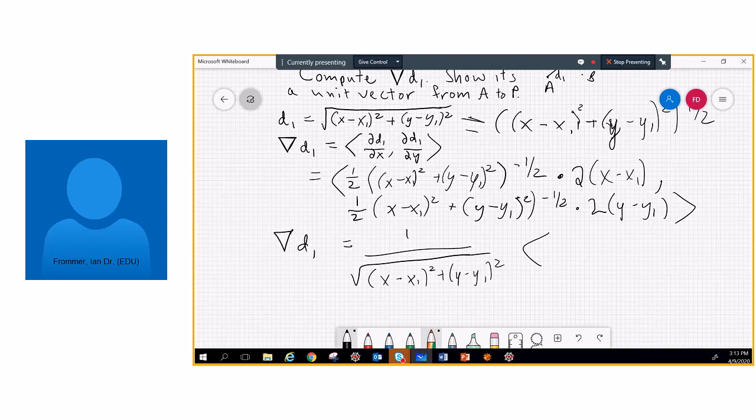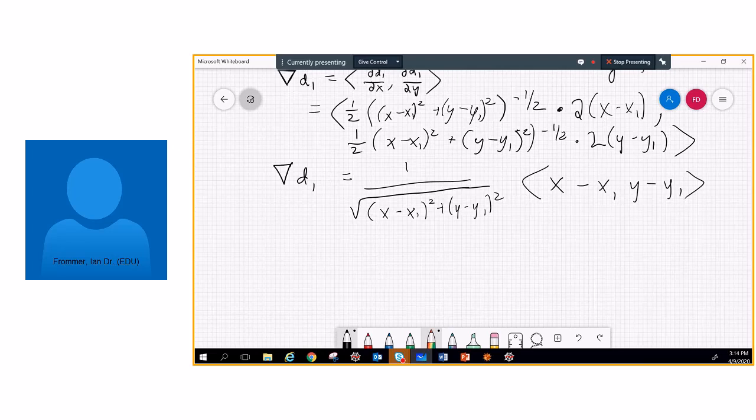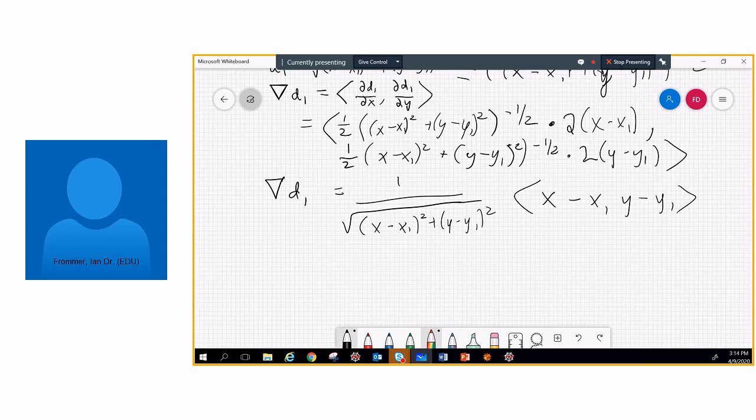And then on the inside, I get these components, x minus x1 comma y minus y1, like that. But what do you notice about this? We can simplify this quite a bit more. And I'll just sort of suggest by how much we can simplify with the amount of room I'm leaving for that denominator. Anyone want to shout out what goes there or pop it in the chat?